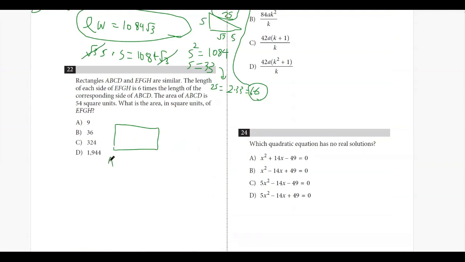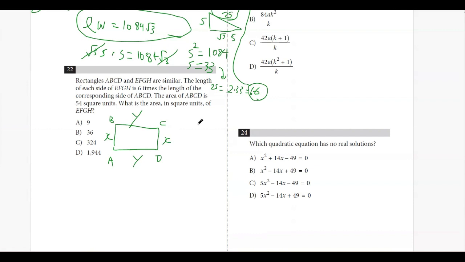So we have A, B, and EFGH is 6 times the length of the corresponding side of ABCD.